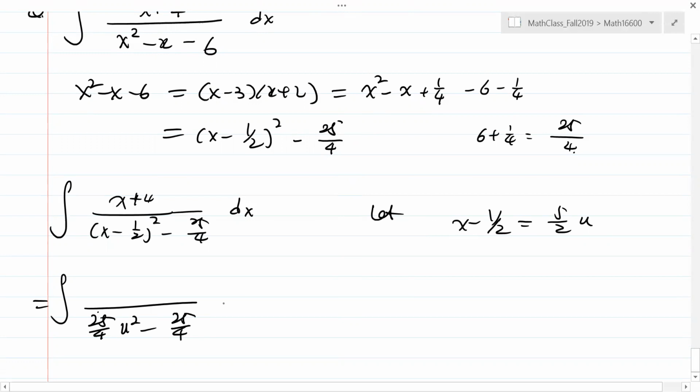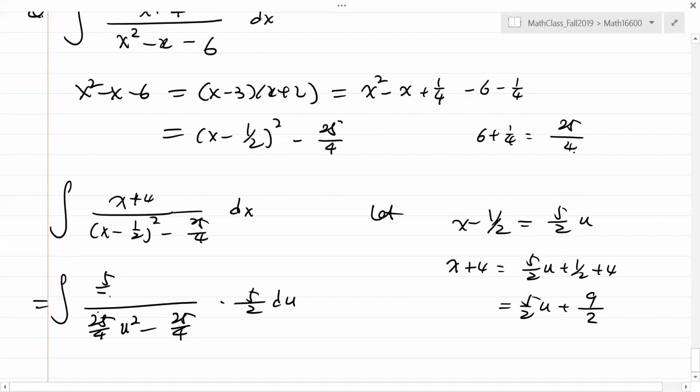And the dx is just 5 over 2 du. How about x plus 4? x plus 4 is going to be 5 over 2 u plus 1/2 plus 4. And that is also good because it's going to be 9 over 2. So 5 over 2 u plus 9 over 2.